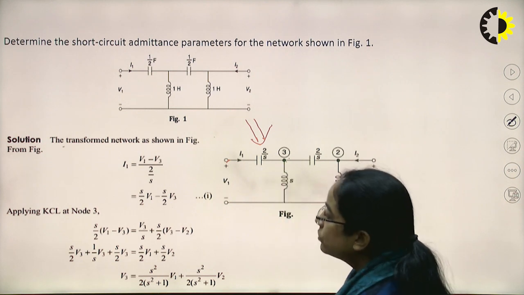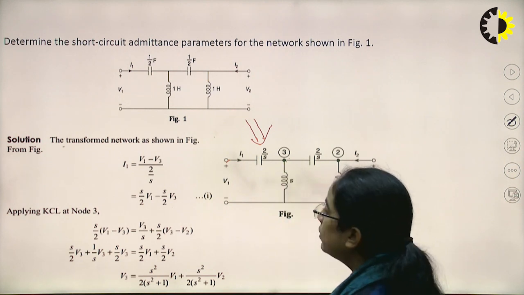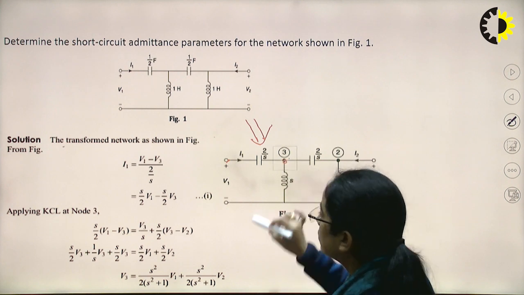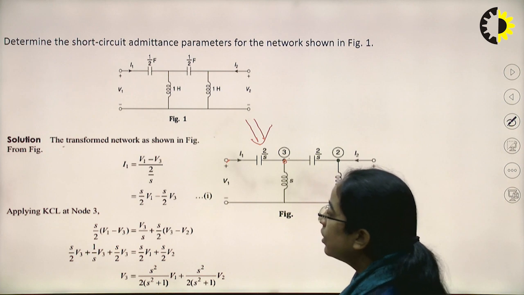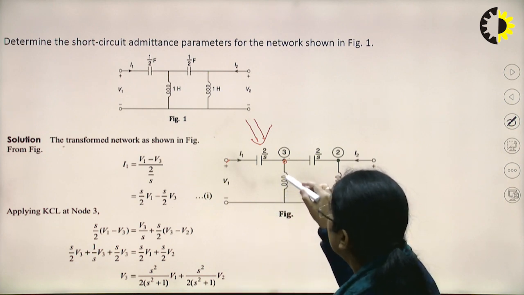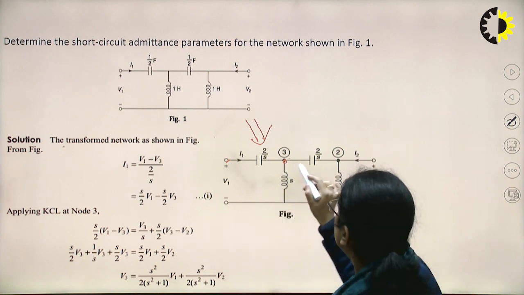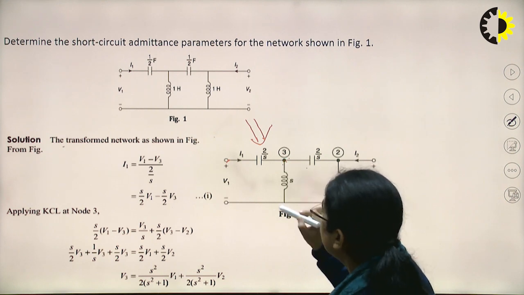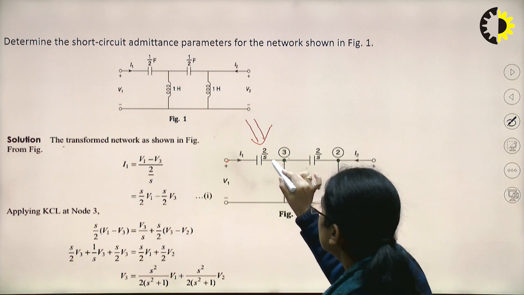Now if we apply KCL at this node, suppose this is the voltage V3.